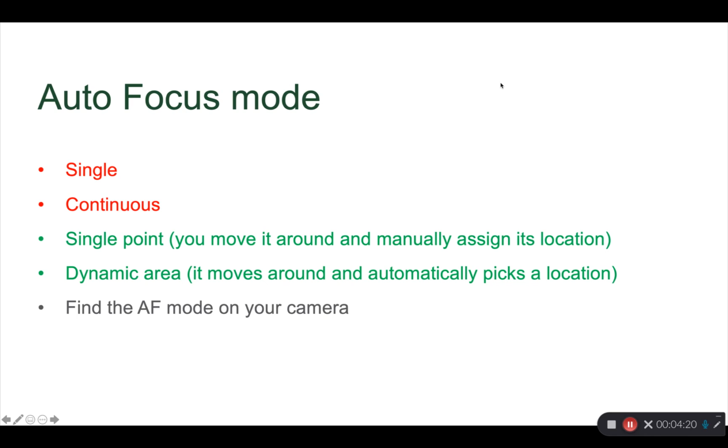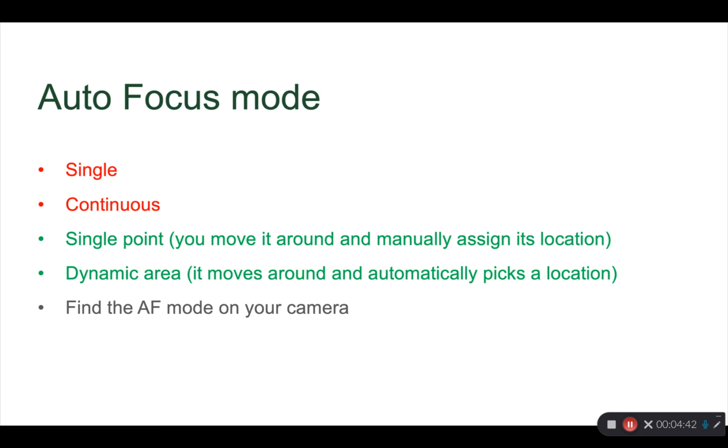Autofocus gets a little more complicated. There are 2 pairs of settings, and you've got to pick one red pair and one green pair here, okay? So you can have single autofocus, where you touch the shutter release lightly or activate the autofocus. It focuses the camera, and it will wait and hold that focus point until you take a picture.